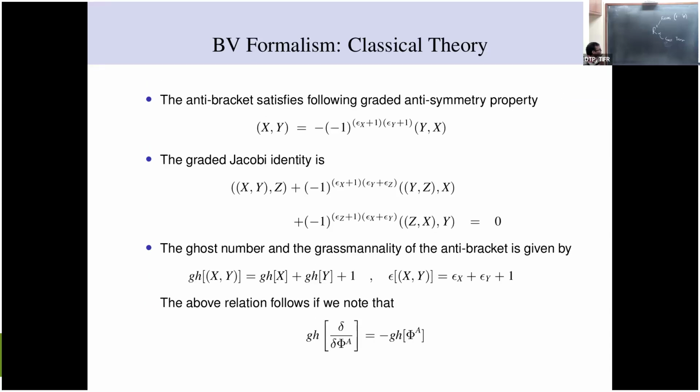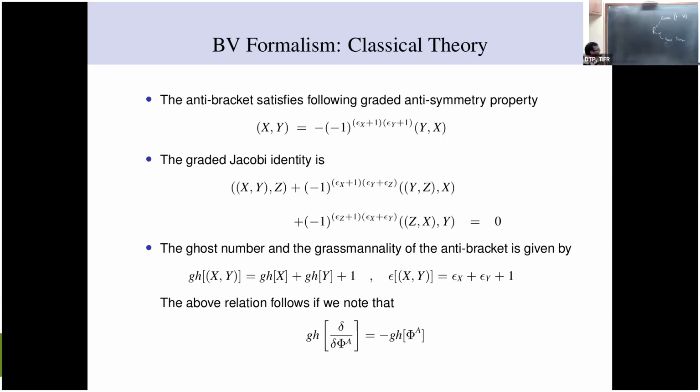Basically, the derivative with respect to a particular field reduces that field. So we assign the Gauss number of a derivative with a minus sign, because it reduces that field, so it will reduce that Gauss number. If you keep track of this, you can show that the Gauss number of this bracket is 1.